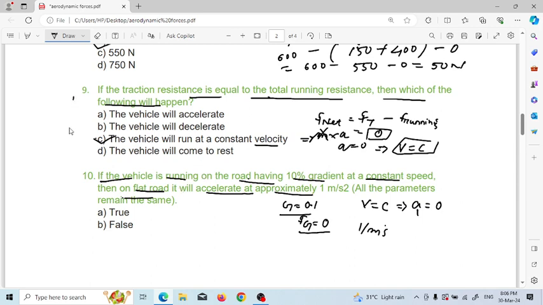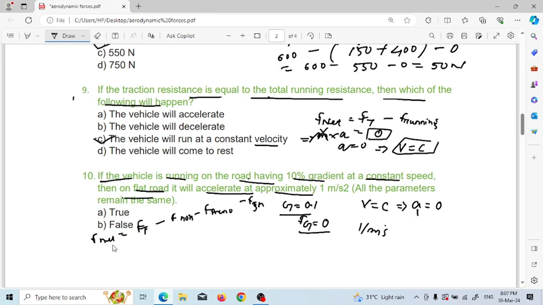We know F net is equal to F traction minus F rolling minus F aerodynamics minus F gradient.